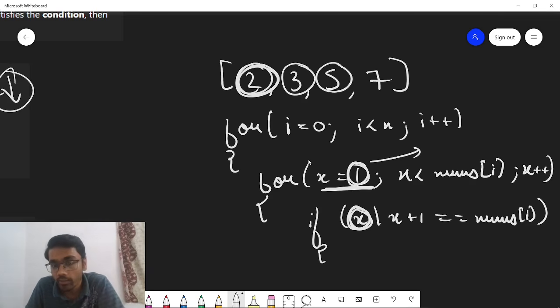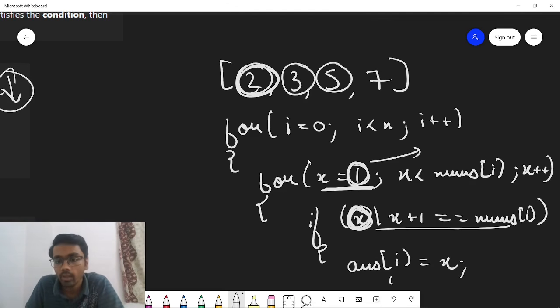So if we get the value of x which satisfies this condition, that means this x is the minimum value possible. So for this particular ith value, we can just store our answer of i equal to x, and then we can break this loop, because we got the minimum value, we don't need to check further values of x. So this is how we'll be doing this in a brute force manner.